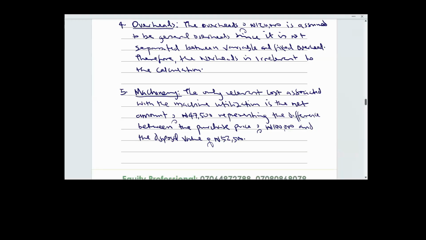Okay? So what else do we have there? The last paragraph. So this talked about the contract price of 300,000. So this has nothing to do with our calculations. So just for information purpose. So that's that.